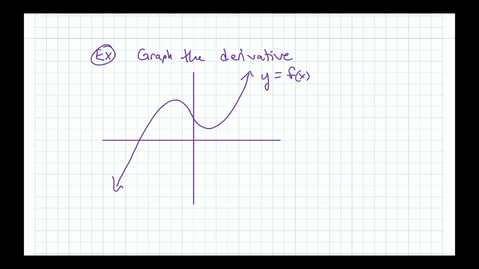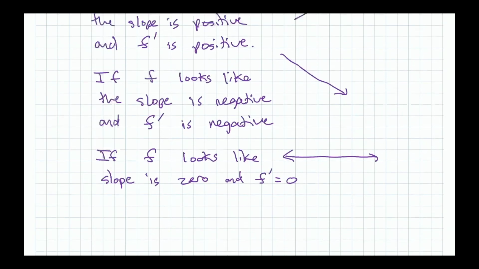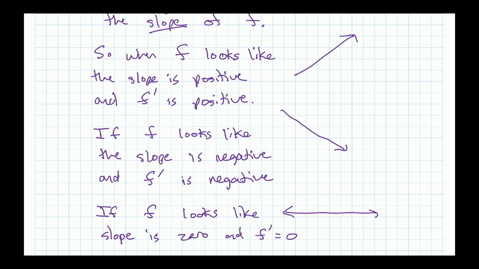The first thing to do is find the places where the derivative should be 0. How are you going to do that? Well, look back up here. If it's up and to the right, that's a positive derivative.